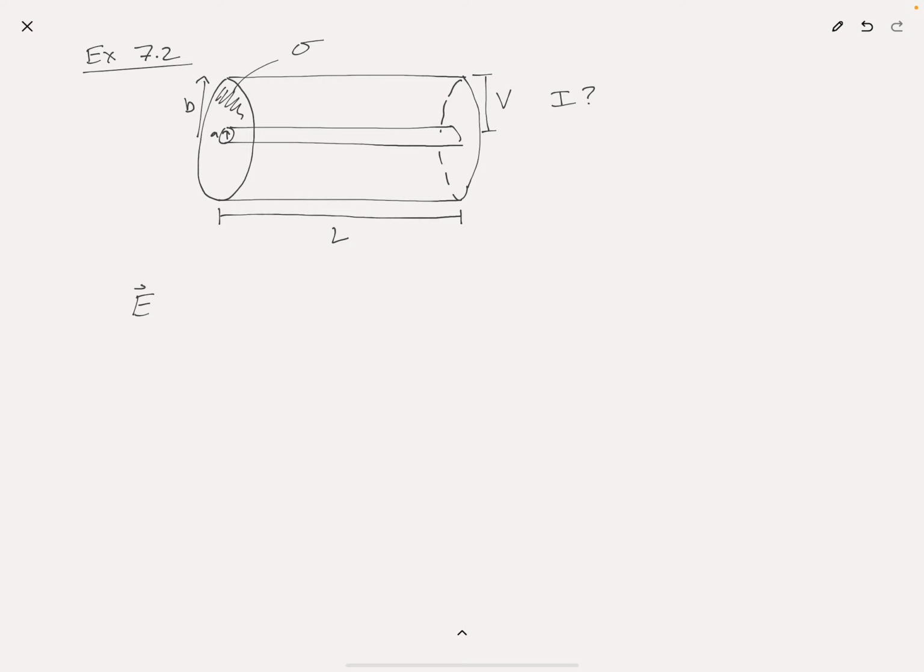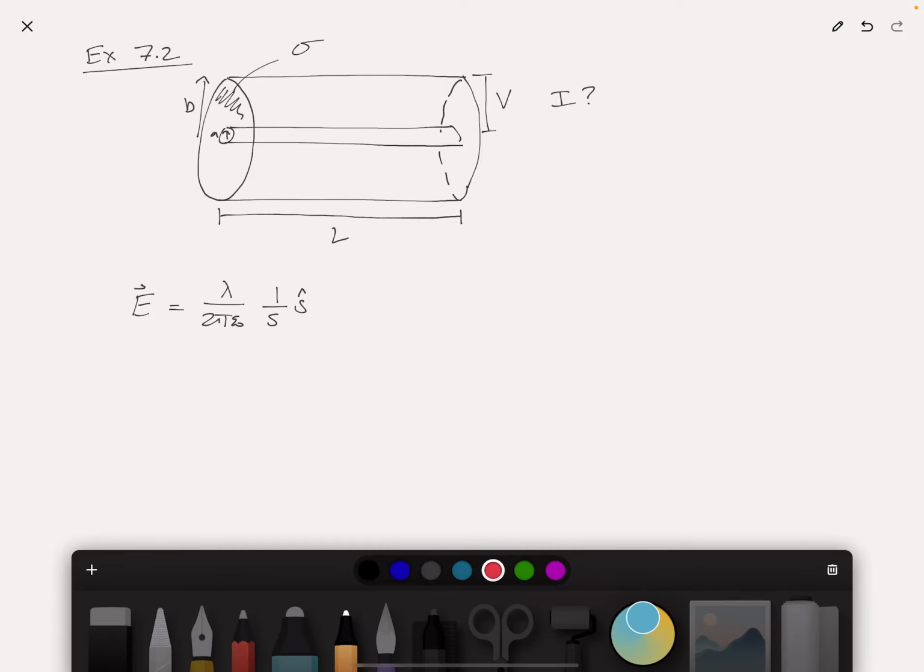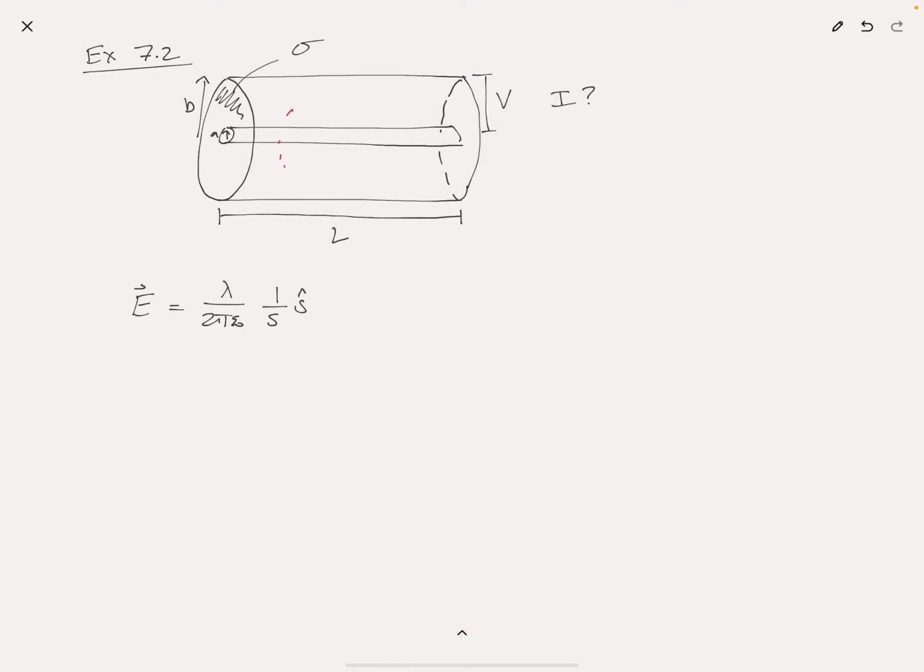So the electric field within this cylinder is lambda over 2 pi epsilon naught times 1 over s in the s hat. So that's a consequence of Gauss's law, right?